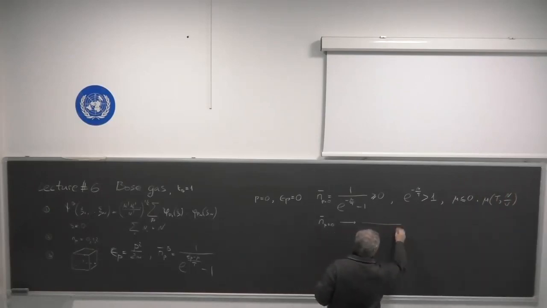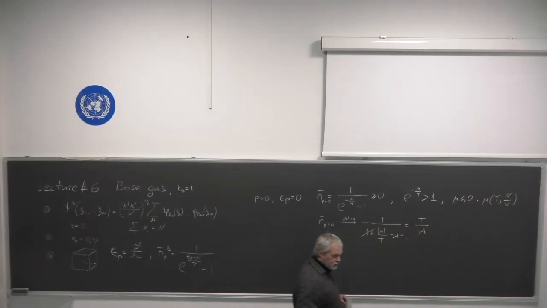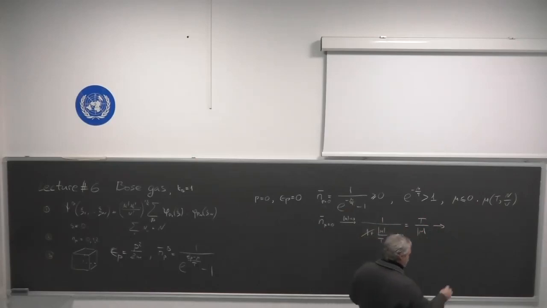So if the chemical potential approaches 0, we expand the exponent: 1 plus modulus mu over temperature minus 1 plus and so on and so forth, divided by 1. So it's equal to temperature divided by mu. So if the chemical potential goes to 0, then the average number of particles goes to infinity.